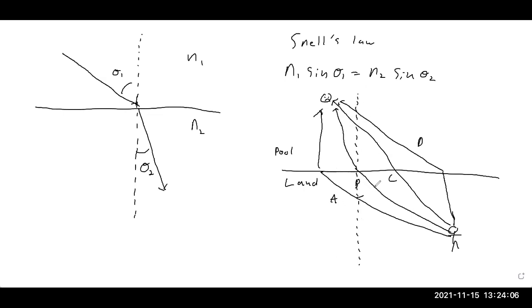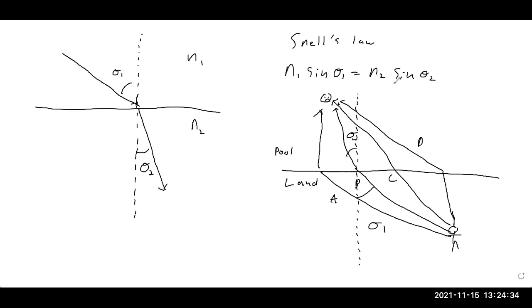We can look at this angle. This will be our theta 1. This will be our theta 2. So in the medium where we're traveling faster, that's going to have the low index, which means the sine of the angle is going to be bigger. And in the medium where we're traveling slower, it's going to have the high index.